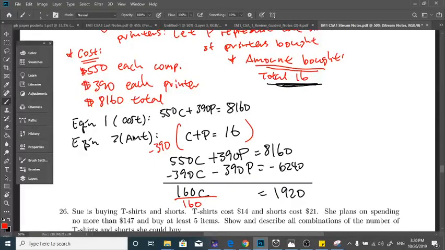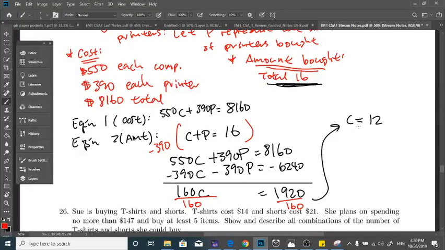Divide by 160. Then C equals, let me get that, 12.